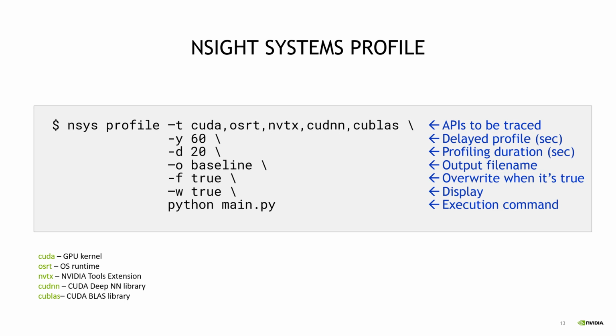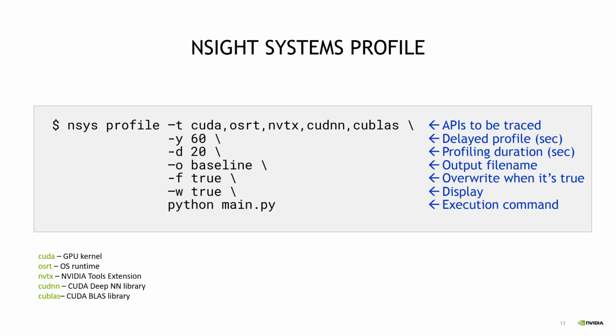This is the basic command line that you can use to profile your application. nsys profile allows you to trace a lot of information and to collect a lot of data. The first line tells the system which kind of API you want to trace: the CUDA kernel, the operating system calls, the NVTX tags, the cuDNN layer, or cuBLAS, for instance.